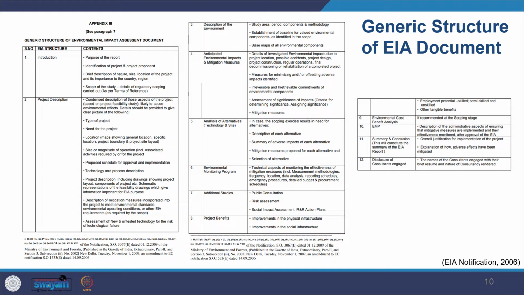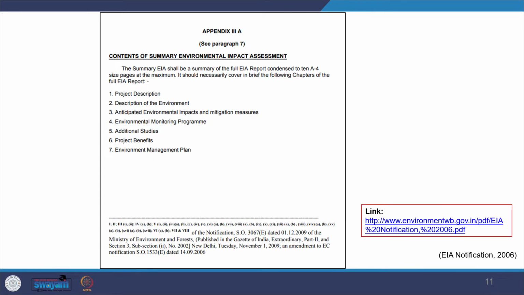So that's the overall structure given by the 2006 notification, and you also see it gives you the summary of the EIA report. It would also have a summary which would be mostly read, and the summary will have all these 7 points which you can see: project description, description of the environment and anticipated environmental impacts and mitigation measures, environmental monitoring program, additional studies, project benefits, and environmental management plan.